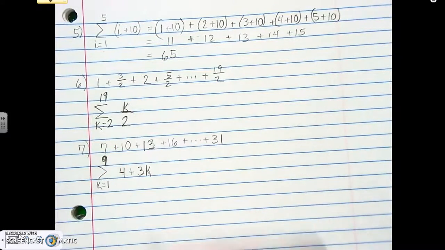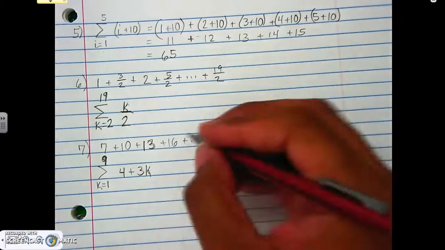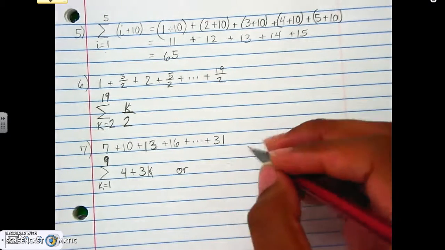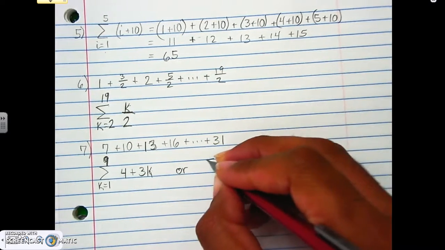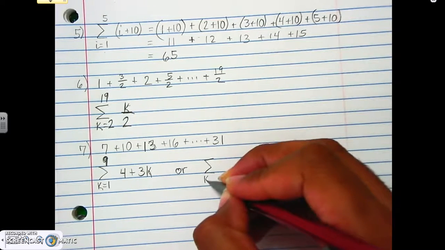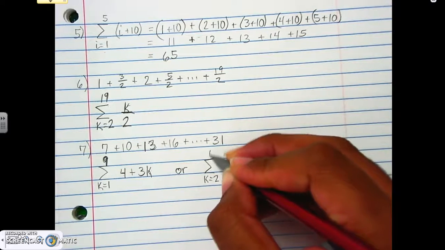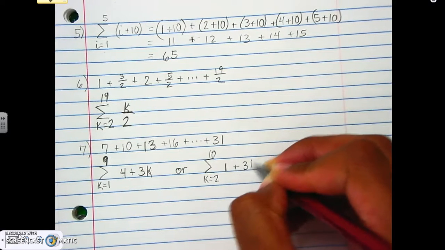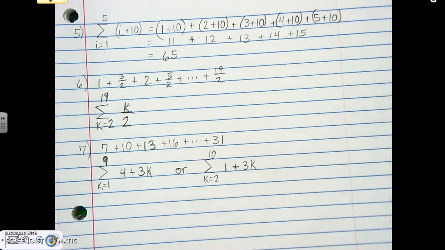Now, another way that you could have done this, that actually was when I looked at the answer they gave us, they actually said this. Now, either one will work because they'll give you the same answer either way.